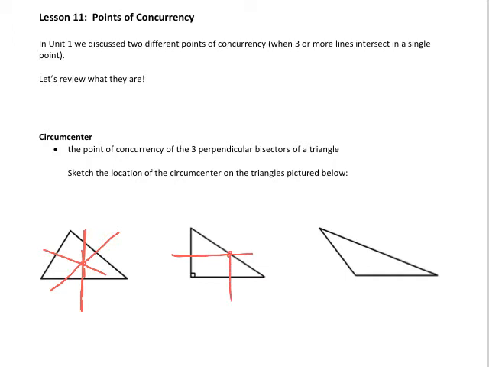And for an obtuse triangle, it will be somewhere outside of the triangle. So there are our three situations where we have the circumcenter of a triangle.